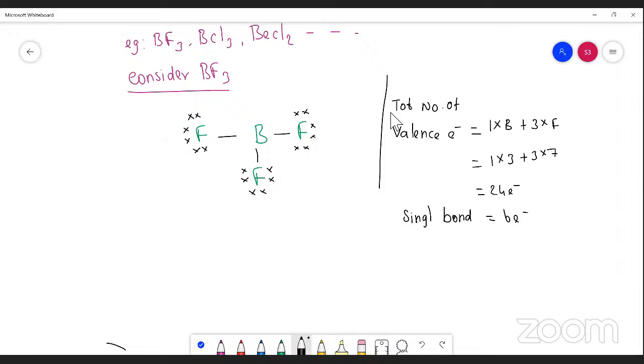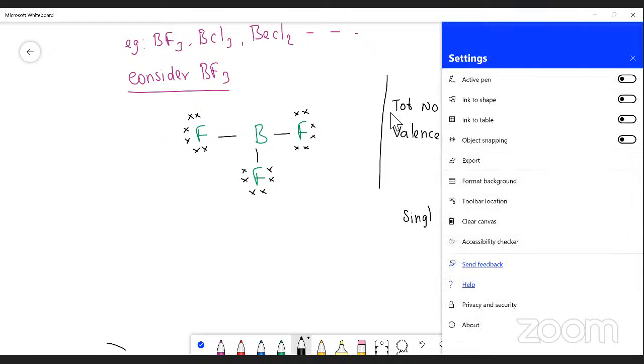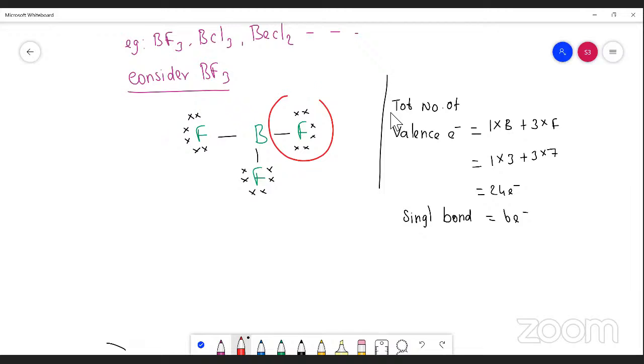Now each fluorine has an octet, an 8-electron configuration, with the bond pair and the lone pairs. Now we take boron.